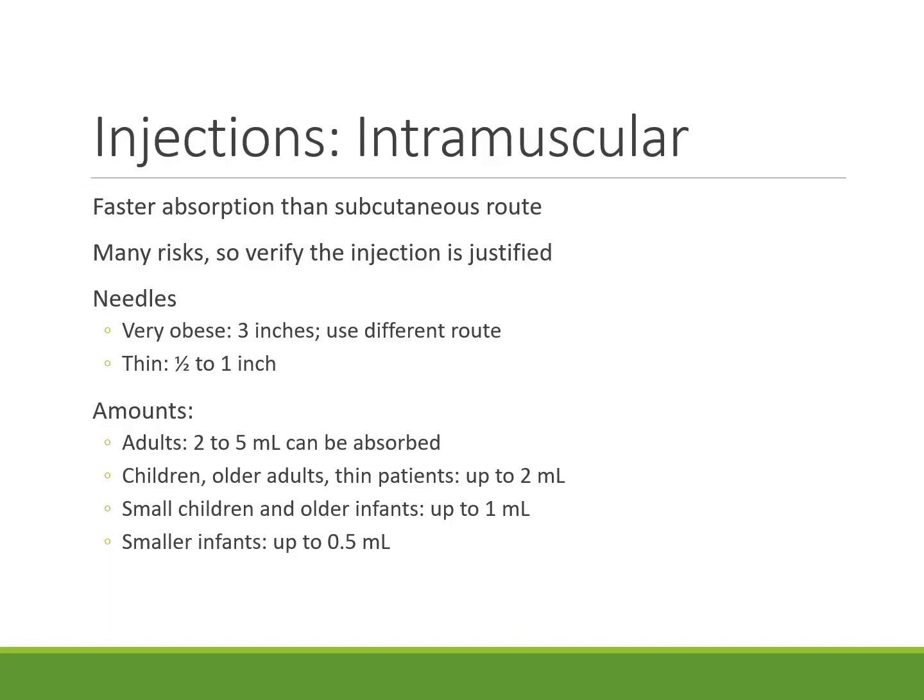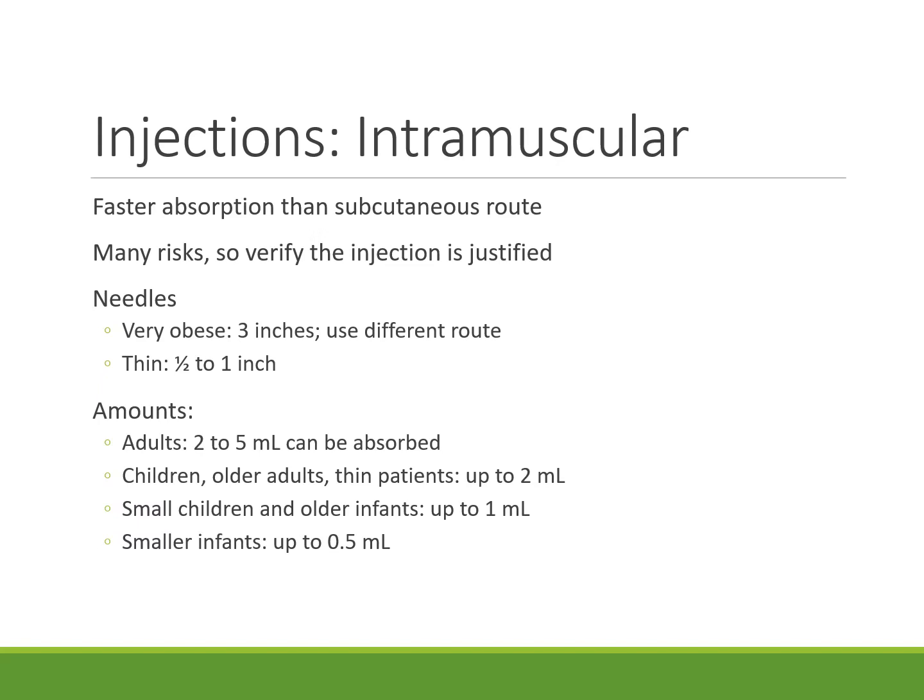So injectable types of drugs can be given. First is intramuscular. Looking back at your anatomy of the muscular system, we have so many muscles in the human body, and there are different types of muscles that are used for giving medication through injection.